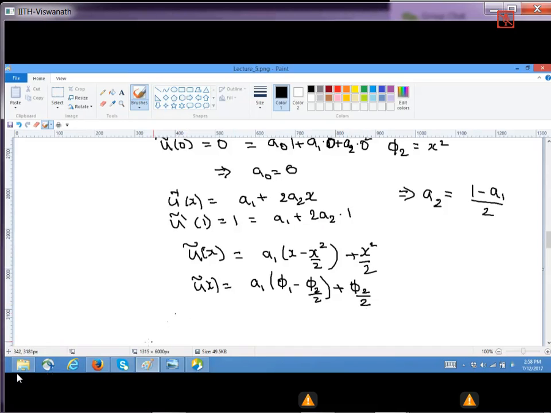However, in the Galerkin method, we choose our weight function as defined.